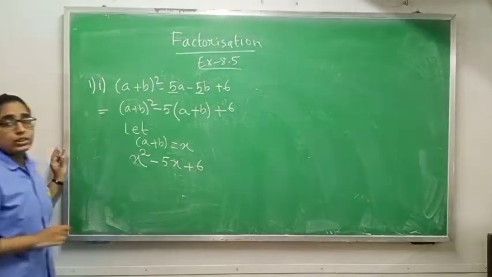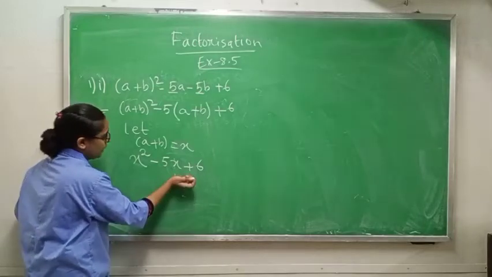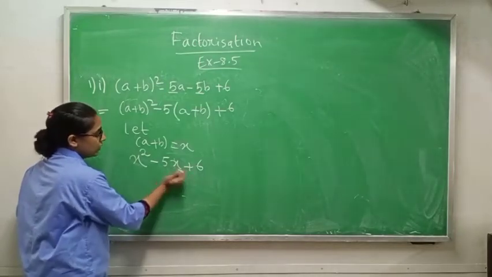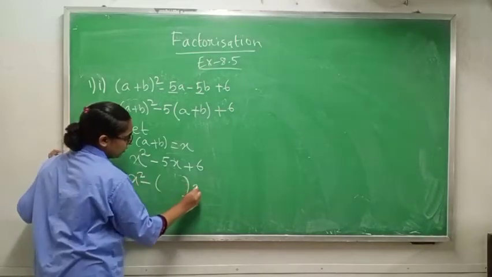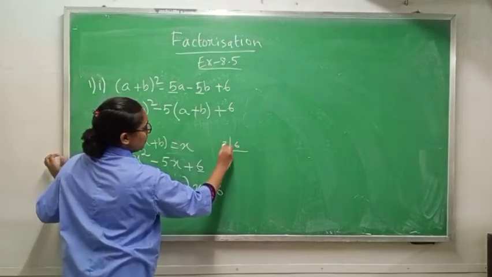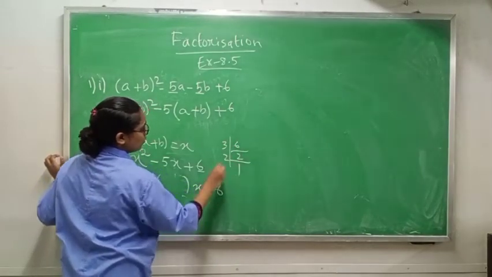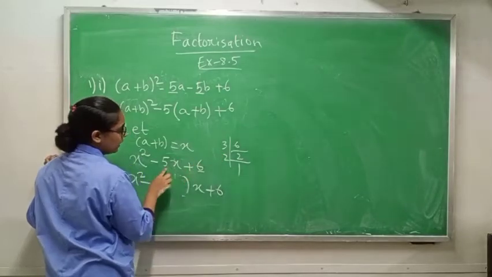Now you can see we can do middle term factor. You have done it already in class 8, as well as in the last exercise. So in middle term factor, you have to take the factors of 6. 3 twos are 6, 2 ones are 2, means 3 plus 2 will give you 5.